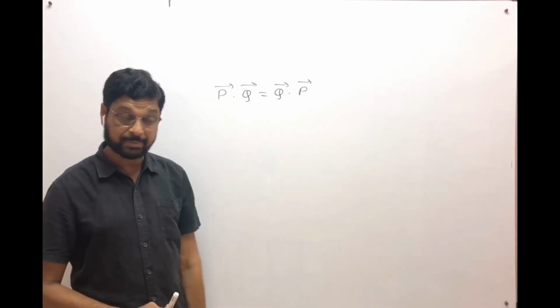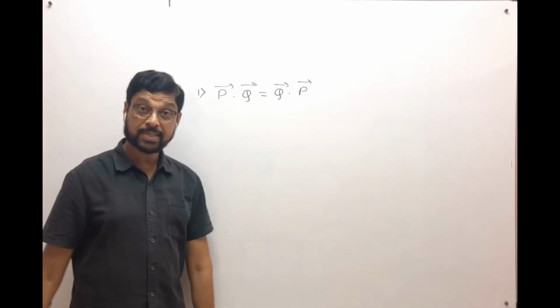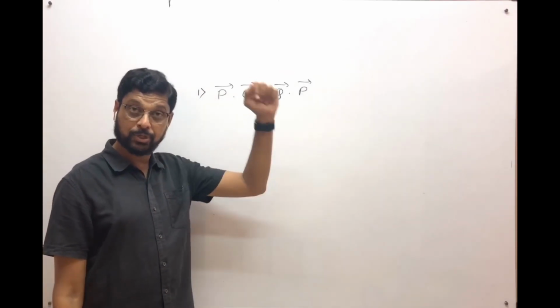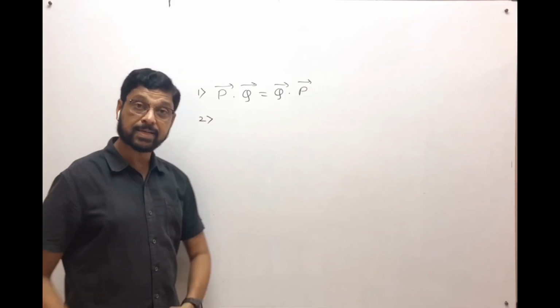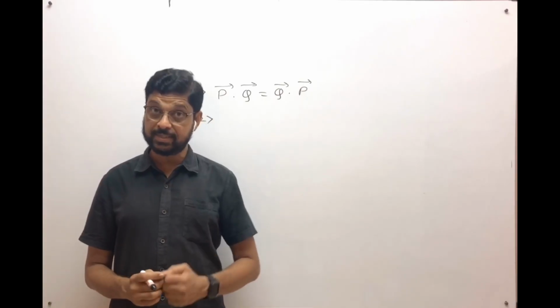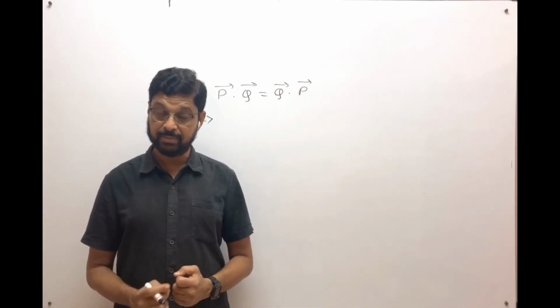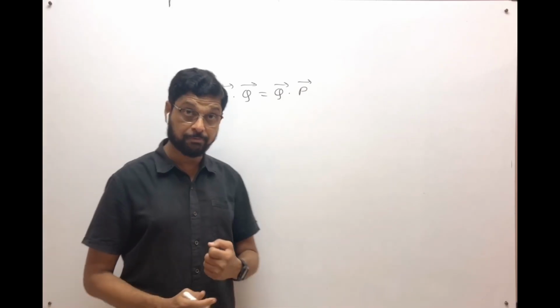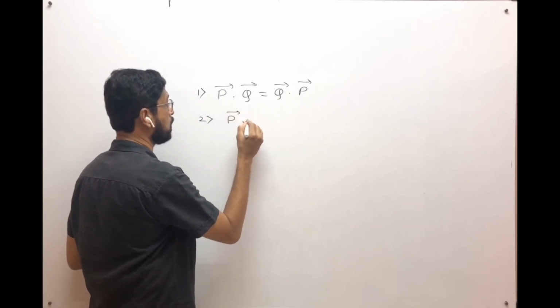First characteristic says that P dot Q is equal to Q dot P. Second characteristic says that the dot product obeys distributive law of multiplication. Distributive law of multiplication means what?